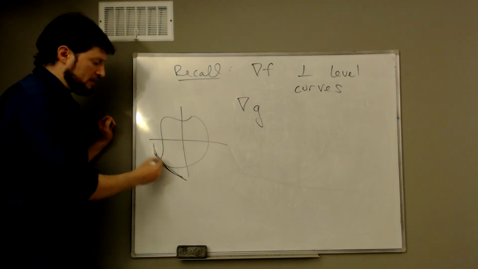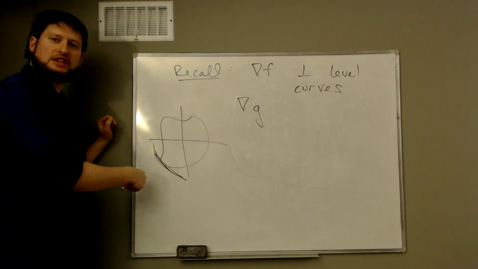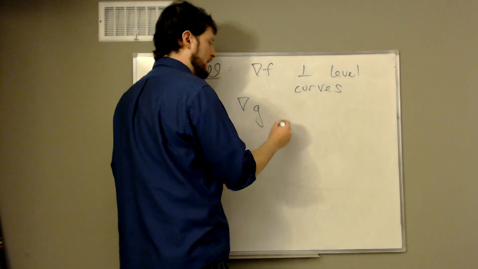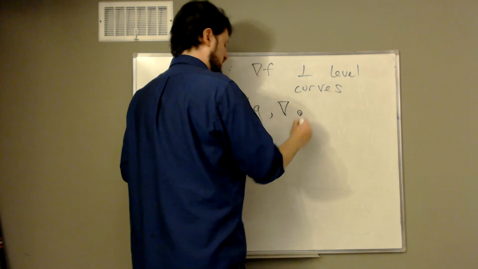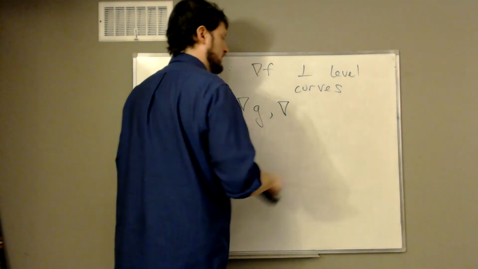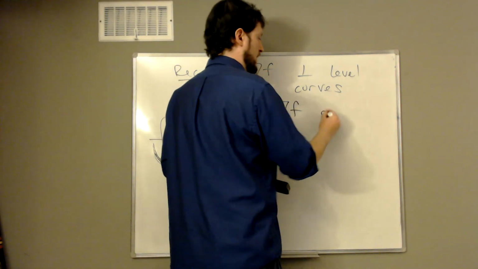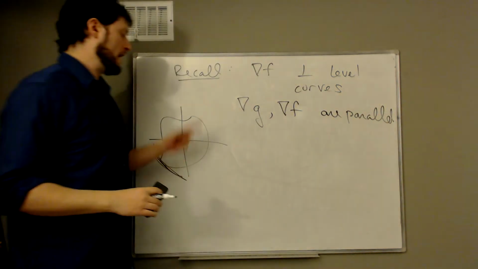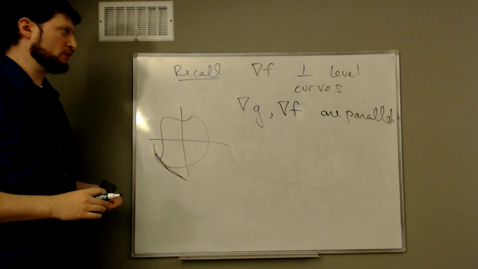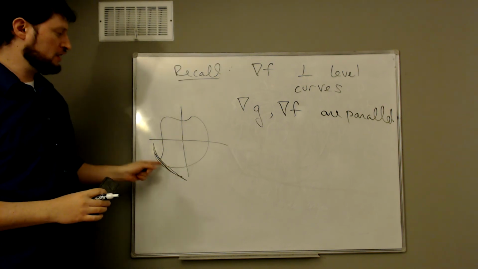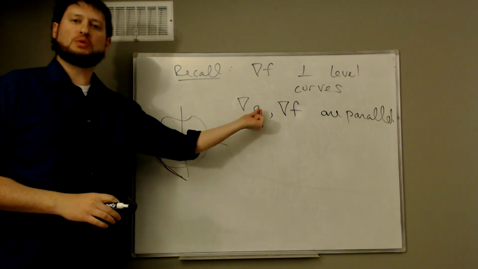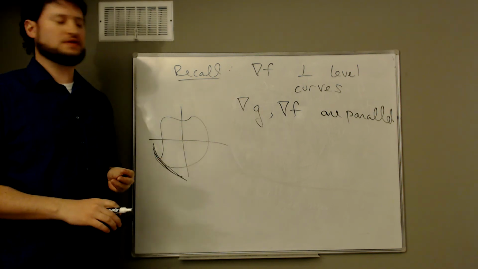That means that the gradient vector for each has got to point in the same direction, maybe opposite directions, but grad f and grad g have to be parallel. Because grad f is perpendicular to the level curve of f, and grad g is perpendicular to the level curve of g, and g equals 0 is a level curve of g.